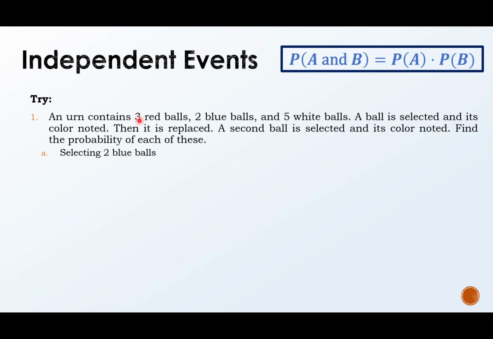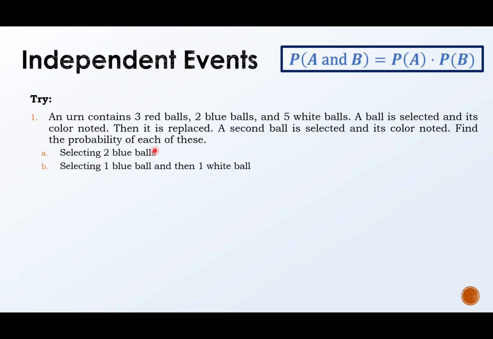Take note that we have 10 balls in total. So, for the first ball, what could the probability be? For the second ball, what could the probability be? Remember, this is with replacement. We return the first ball before we draw the second ball. I'll give you time to answer. You may pause this video, but you might also want to solve for the probability of this one: selecting one blue ball and one white ball.